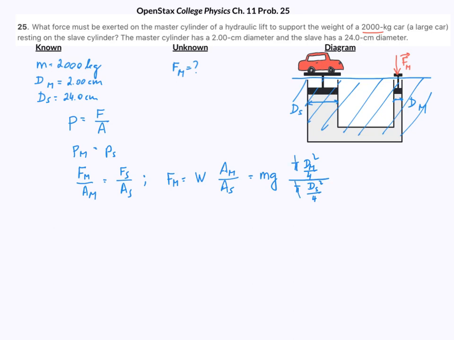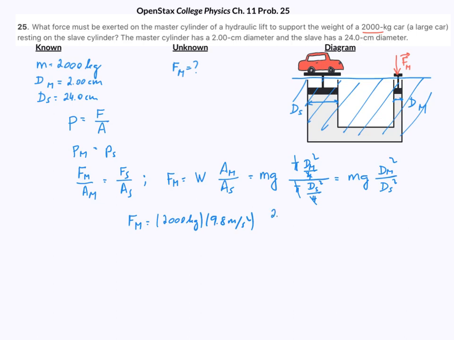So we can cancel out the pi's, we can cancel out the 4's, and we're left with mg d master squared divided by d slave squared. So F master is going to be equal to 2,000 kilograms times 9.8 meters per second squared. And I'm not going to convert the units for the diameters because they're both in centimeters and we're dividing them, so the units drop out.